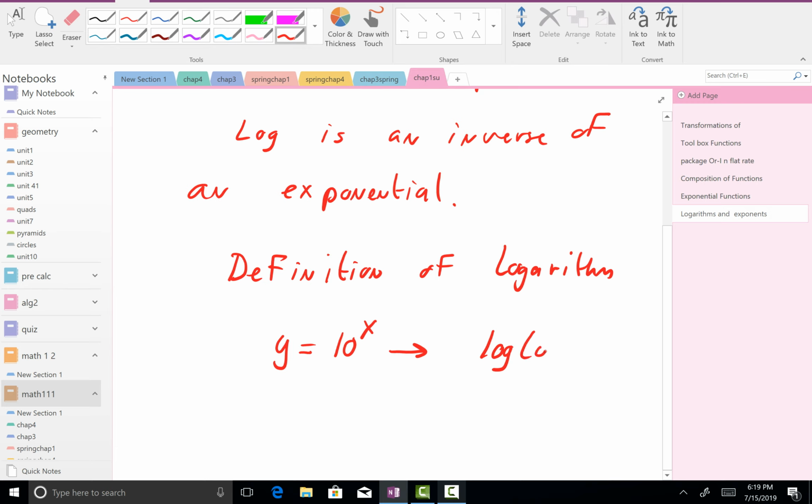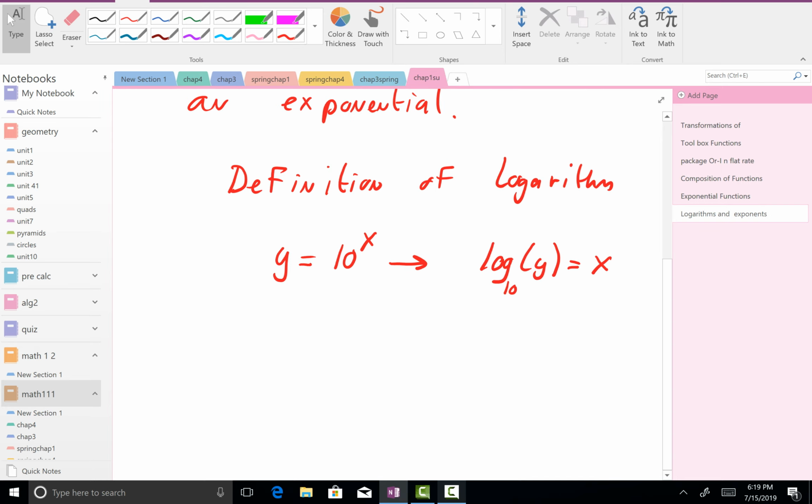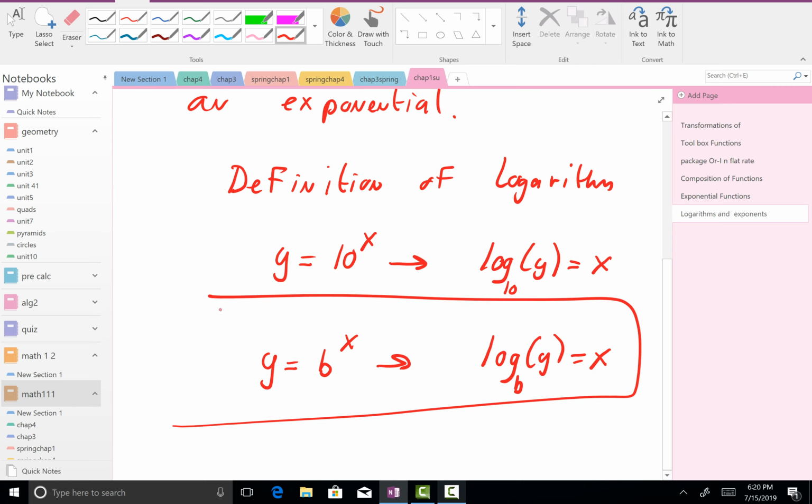So this goes here, that becomes the input, and this x becomes the output. And you say, well, what happened to the 10? Well, the 10 is right there, okay? So if we have y equals, say, b to the x, then the log of y base b is equal to x. All right, that's the definition of a logarithm.